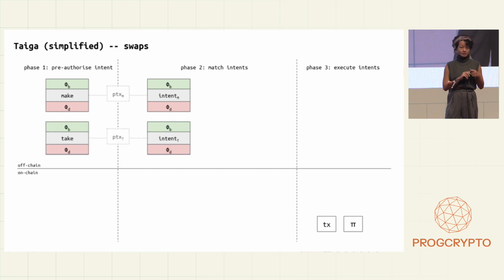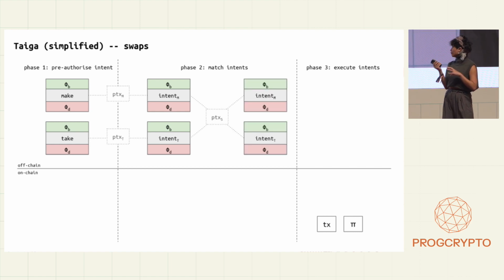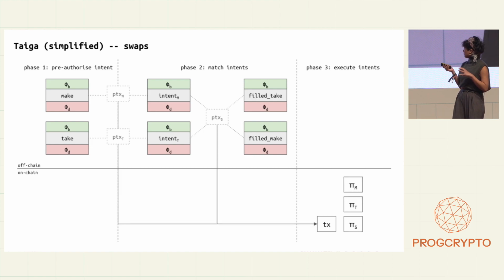And the taker does a similar thing. And then, yeah, these intents are sent once again to a solver who matches intents, who consumes the intents and outputs the corresponding take and make that satisfy those intents.